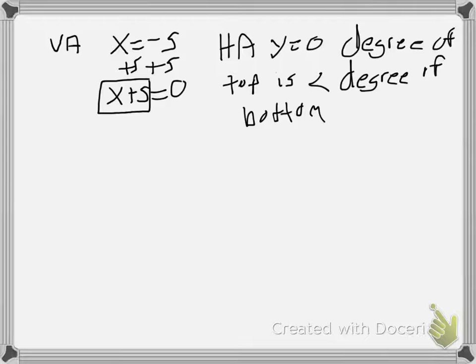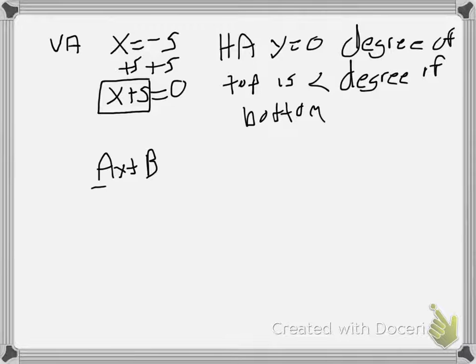Okay, so now we have our y-intercept. We have a y-intercept at 0, 2. So that tells me that if I plug in 0 to whatever my top is, so if I have ax plus b, if I plug in 0 for x, I'm going to get a y-intercept of 2.